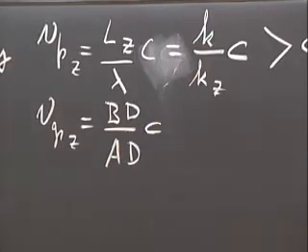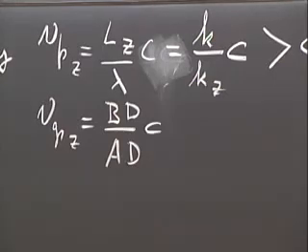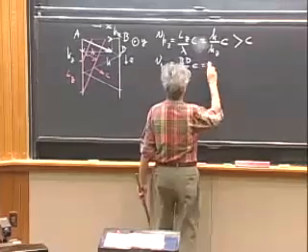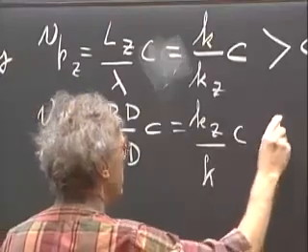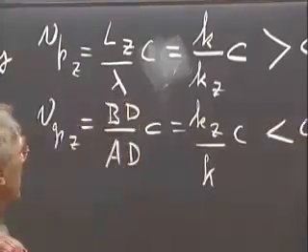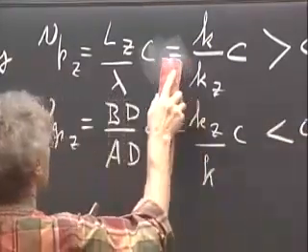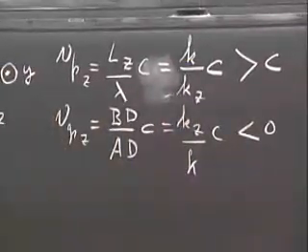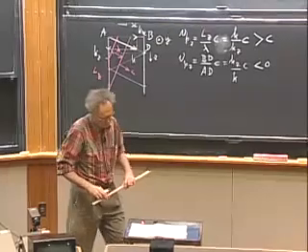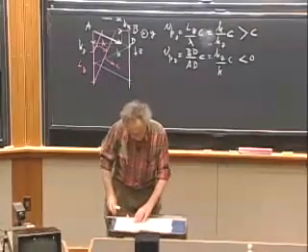And that follows from this geometry. That equals k_z divided by k times c, and that is less than c. And it better be less than c, because you can just see how difficult it is for this wave that reflects to work its way through in the z direction.